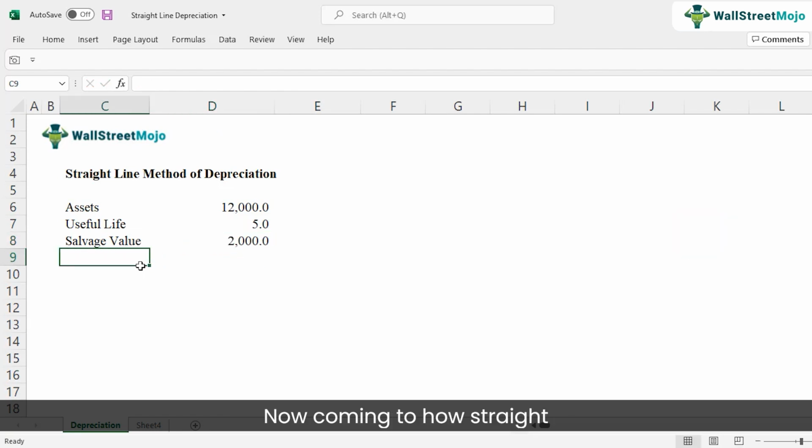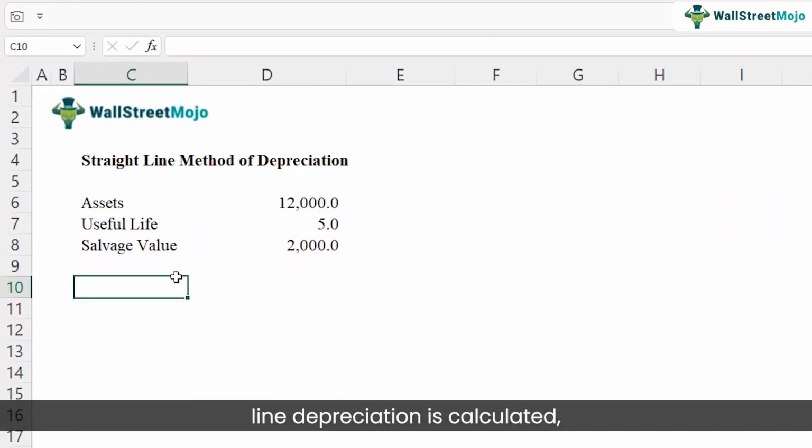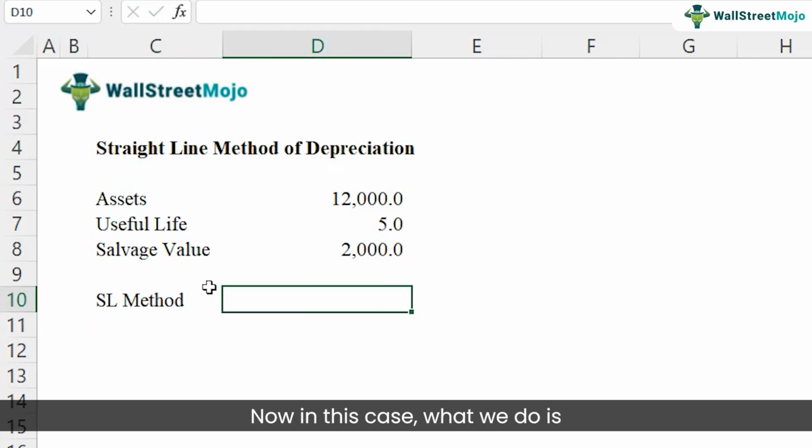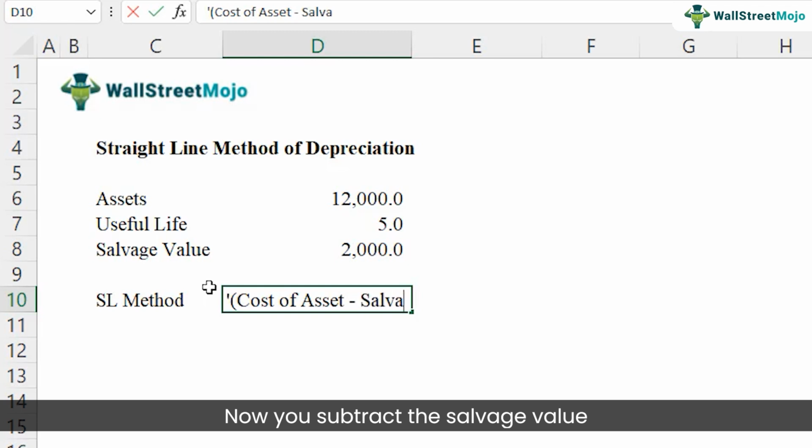Coming to how straight line depreciation is calculated, the formula is fairly simple. Think of your cost of asset. What is the cost of asset in this case? $12,000. Now, you subtract the salvage value, and then divide it by the useful life.